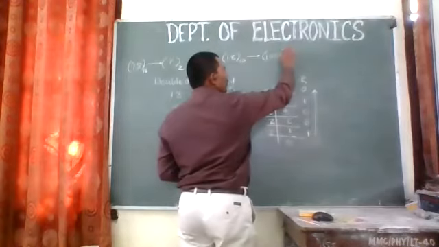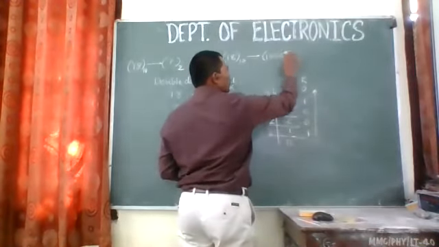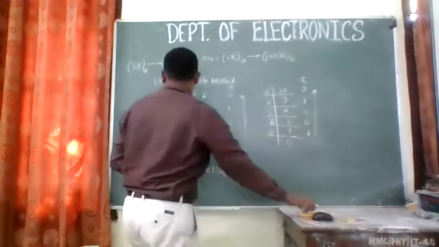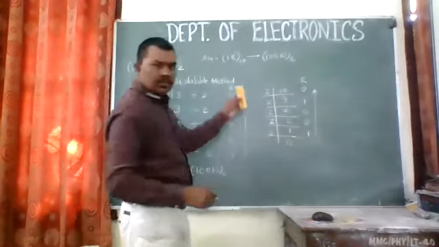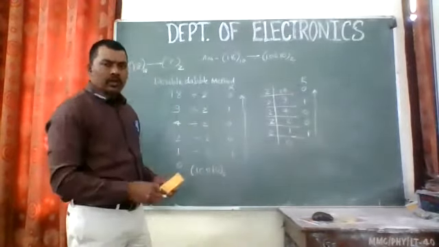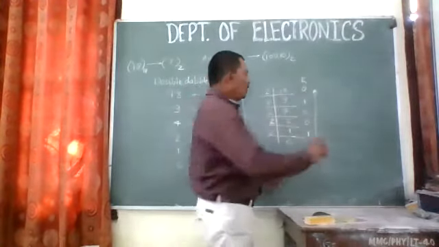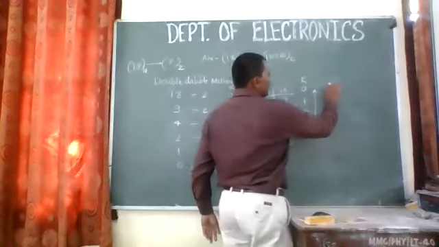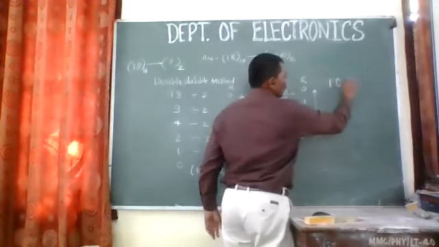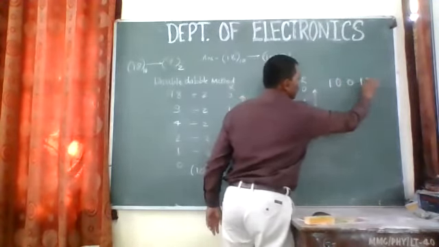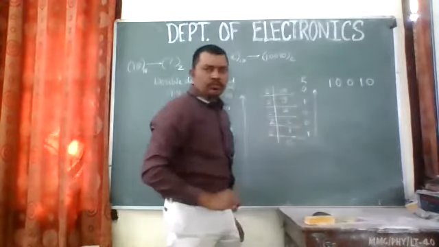I guess this won't be visible to you, so let me write somewhere else. So let me try on this side. This is visible to you. So I will write on this side. I'm writing 10010. I guess it is visible.